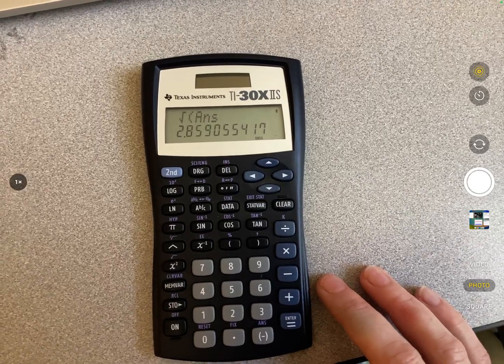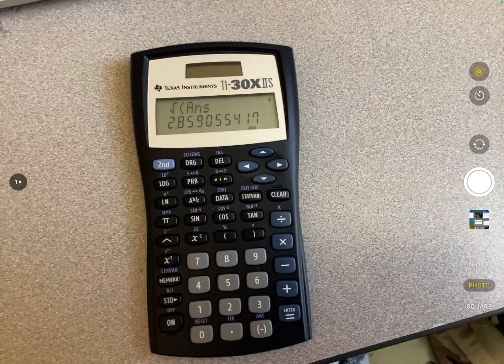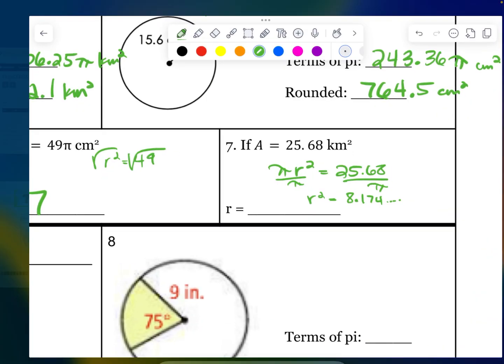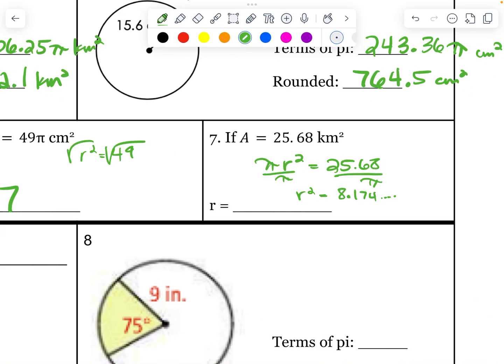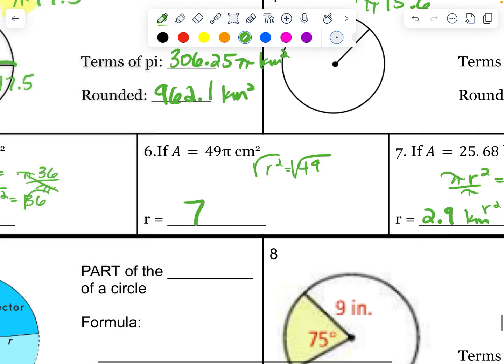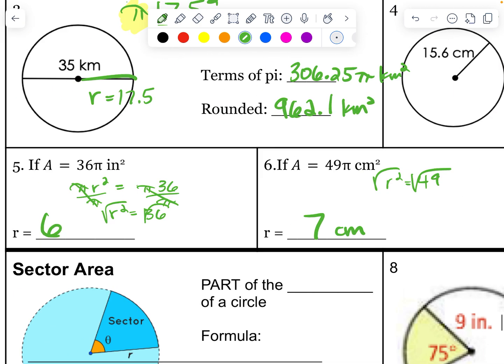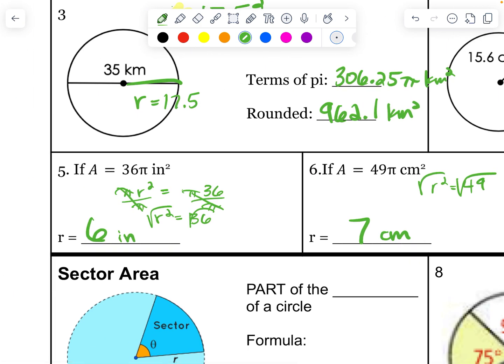So 2.859, which is 2.9 to the nearest tenth. So I just need us to be as specific as we can. It will make your life easier down the road. What did I say? 2.9 kilometers, centimeters, and inches.